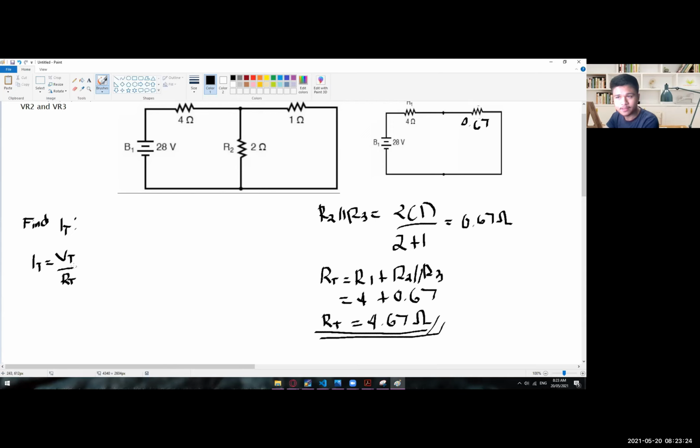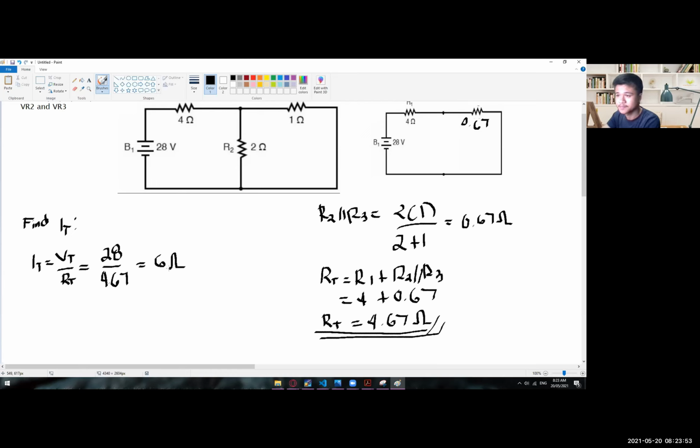It's good. Since we now have the total resistance, we can now solve for the total current. VT is 28 volts, and RT is 4.67. So 28 divided by 4.67 is 5.995 or 5.99, or we could simply say it's 6, to be exact.